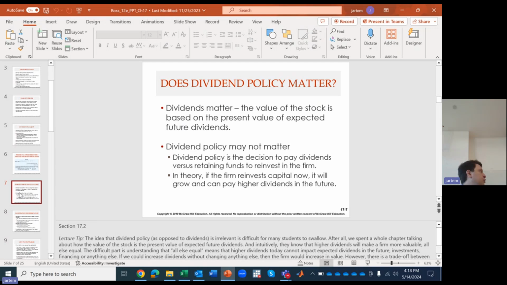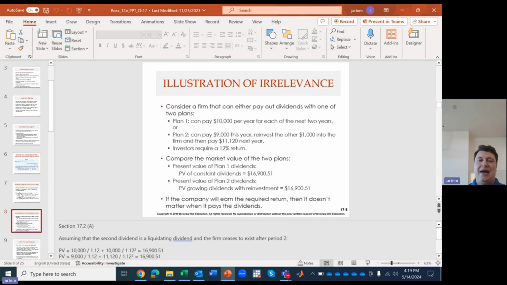If before you thought it was good to be invested in Ford Motor Company, and now 10% of your investment has been returned to you in cash via dividend, if you like that portfolio allocation that you had before, you just reinvest it right back into Ford Motor Company. You just buy up more shares. So there is some work to be done to convince us why this does matter.